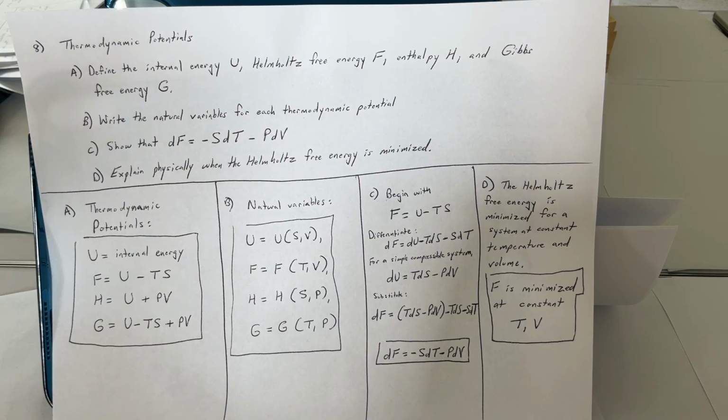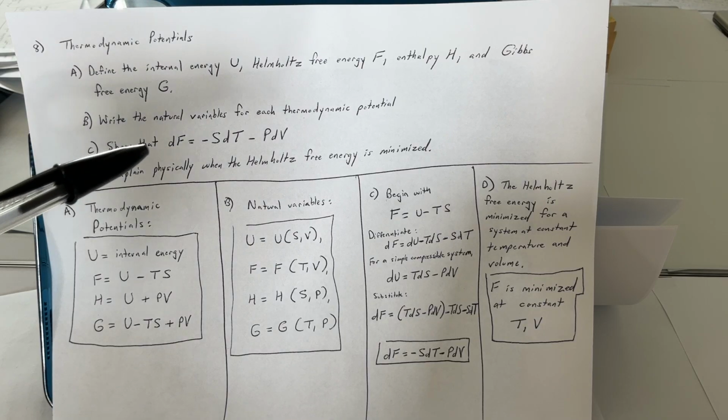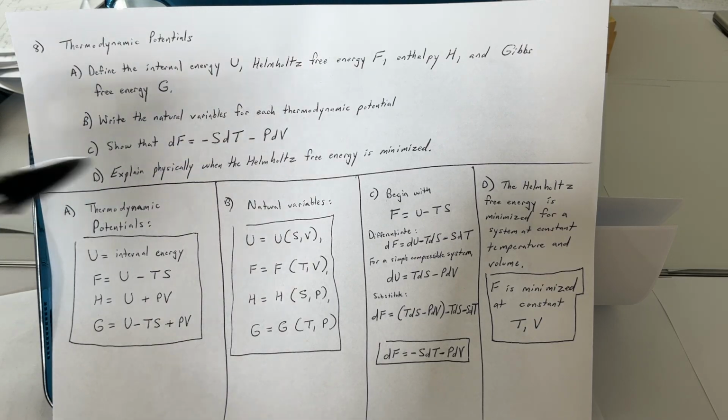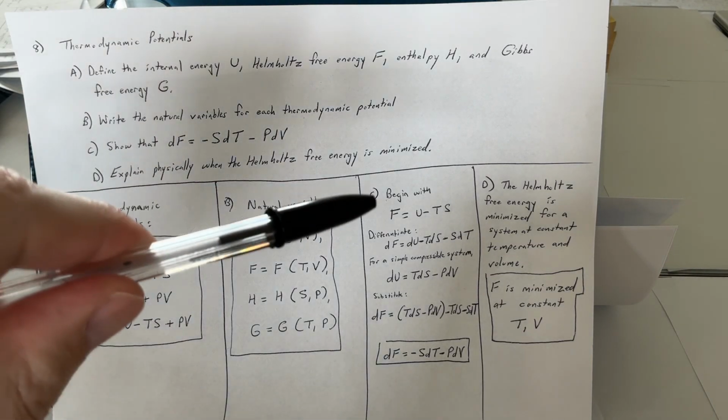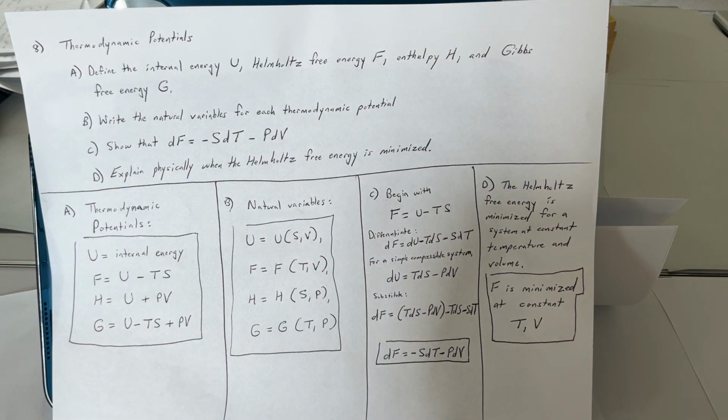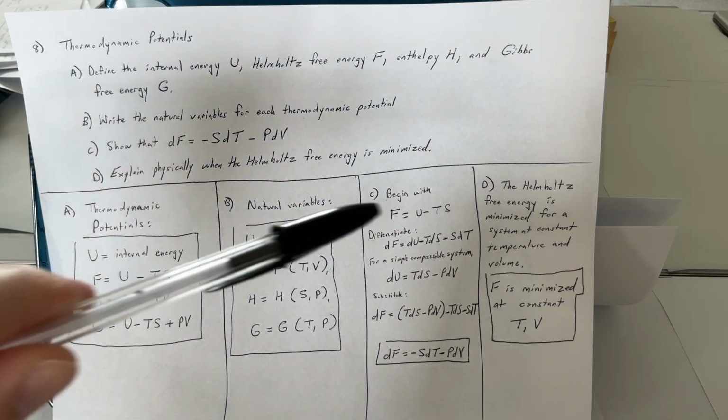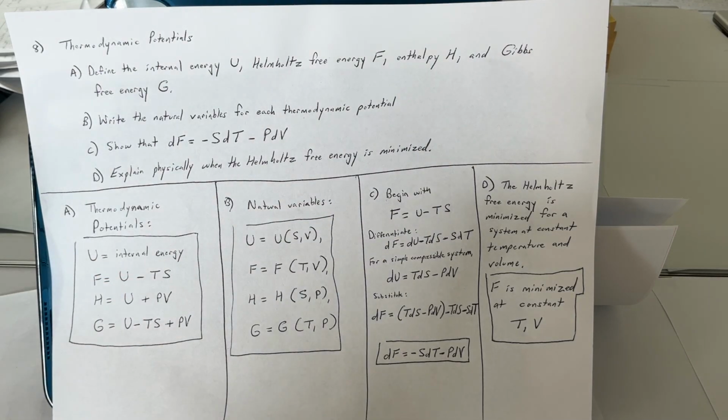Now for C, show that dF equals negative S dT minus P dV. Here's what we can do. Begin with F equals U minus TS and differentiate it. So dF equals dU minus T dS minus S dT.